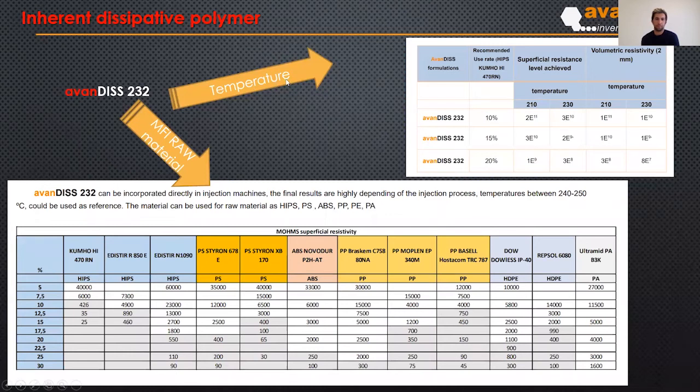For example, if we talk about temperature, this is the experiment. If we go to an addition of 20% of Avanzare to the same HIPS product, in this case Kumo, same sample, added 20%, producing the injection sample at 210 degrees or 230 degrees. The resistivity that you get in one case or the other changes completely, going from 10 to 9 to 10 to 8.